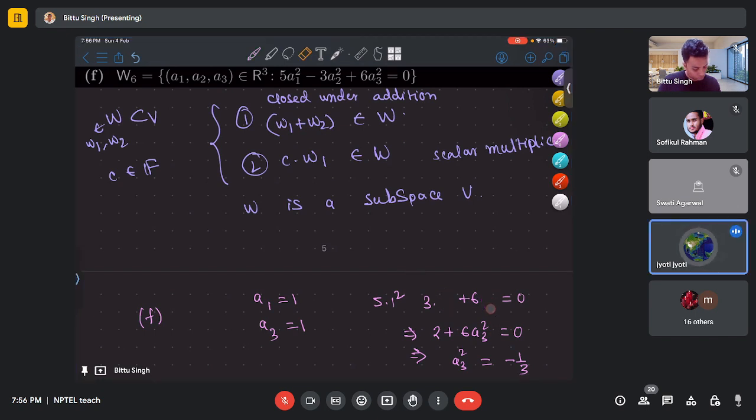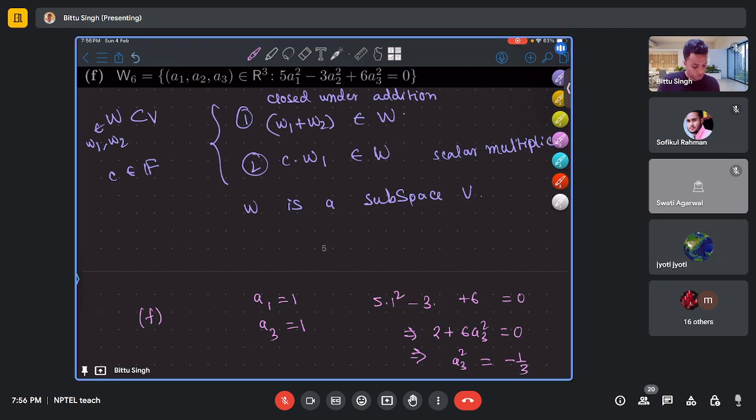We can take fractions. Let us see it this way: 3a2 square and 6a3 square, with a3 square meaning 1 square. For this case, 3a2 square is the same as 11.